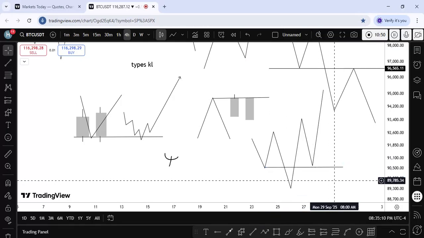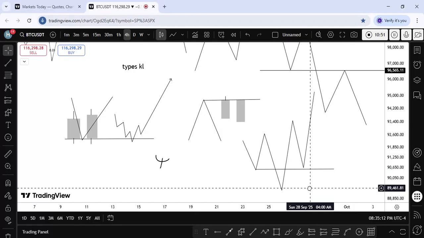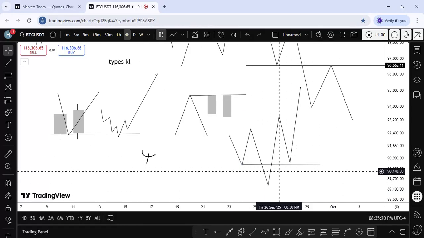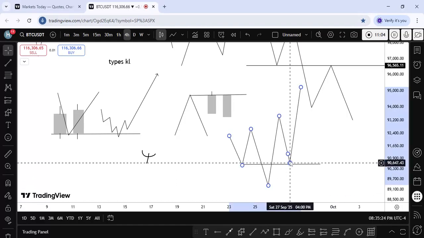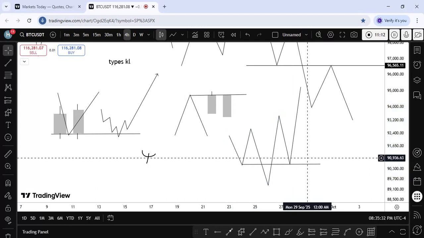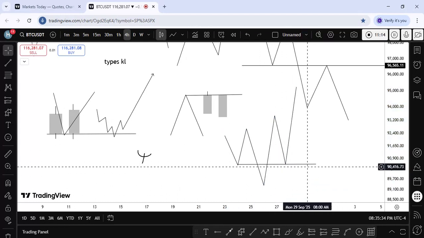So this is where it gets even more interesting, because how would you build your bias on this? How do you know that? Because we have so many key levels around this place. How do you choose the right key level where the price bounces from? Which is what I'm going to discuss with you here on this video. This is the QML.